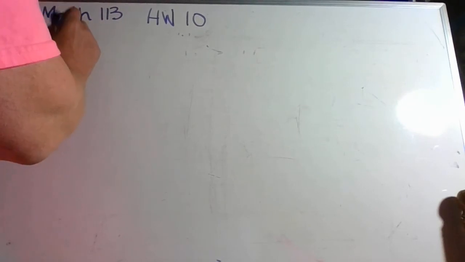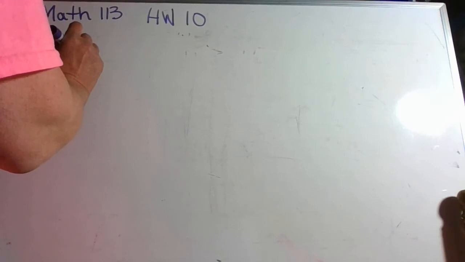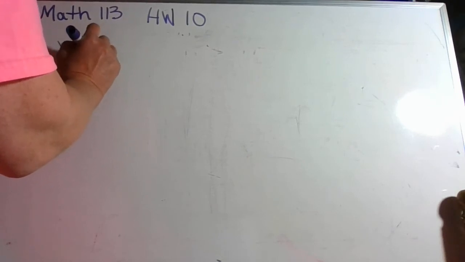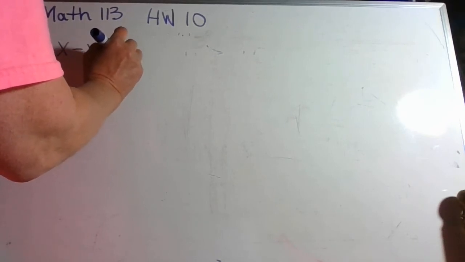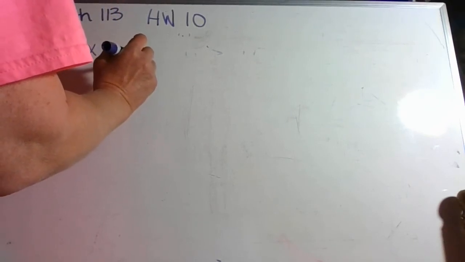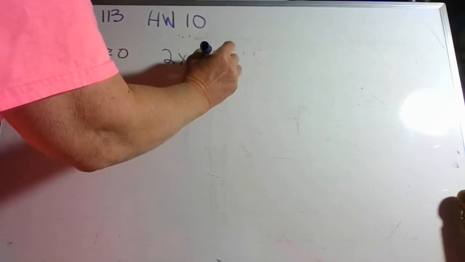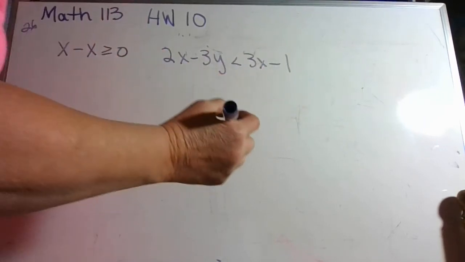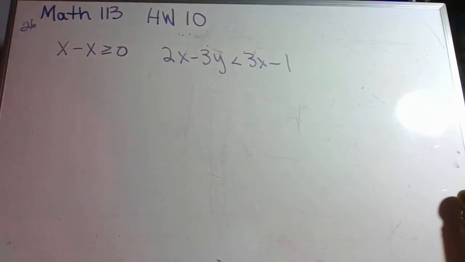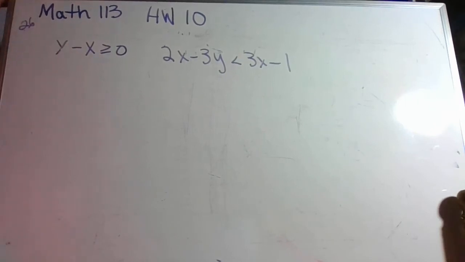You're given this system of inequalities. y minus x is greater than or equal to 0. And then the other one is 2x minus 3y is less than 3x minus 1. I'm doing this because I was afraid with all that scattered out, you'd say, oh my goodness, that's a y. That's why I made that longer.